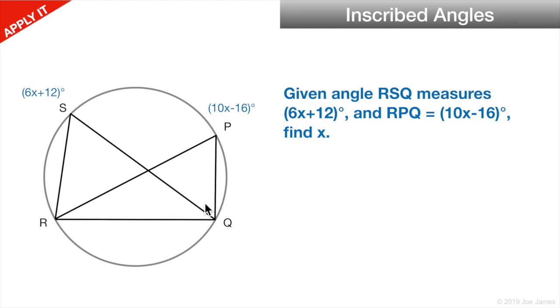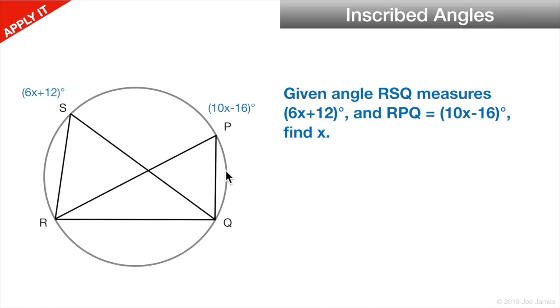Let's do a practice problem here. This one looks funky. So given angle RSQ measures 6x plus 12 degrees, so we're given angle S's measure in terms of x, and we're given angle P's measure in terms of x. Find x.